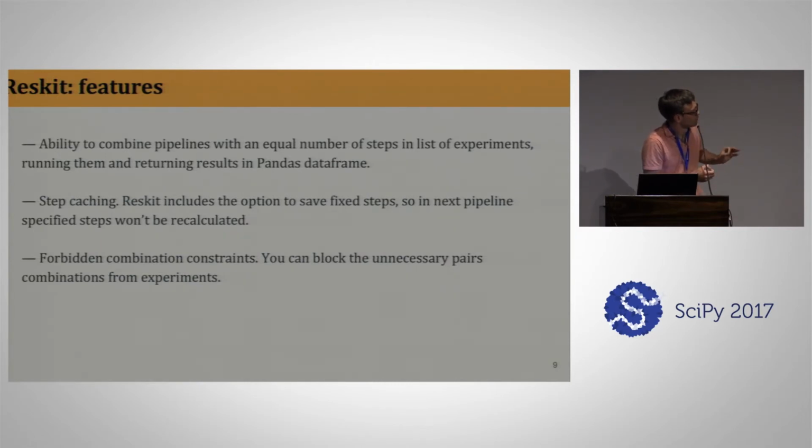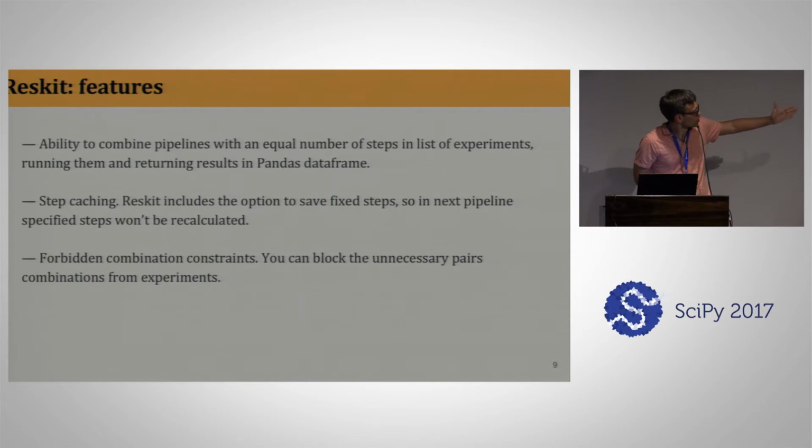So, for example, if you have computationally intensive data transformations, you can provide caching steps, and it will group your experiments by these steps and calculate them once and not each time for each experiment.